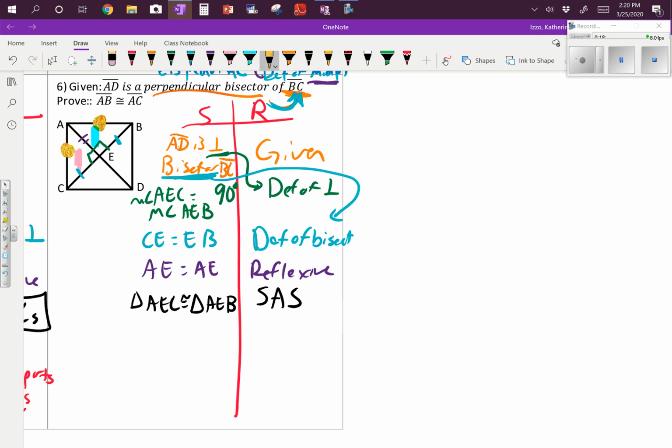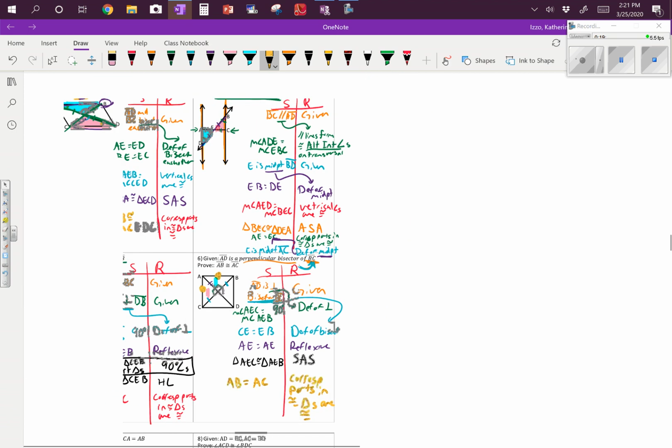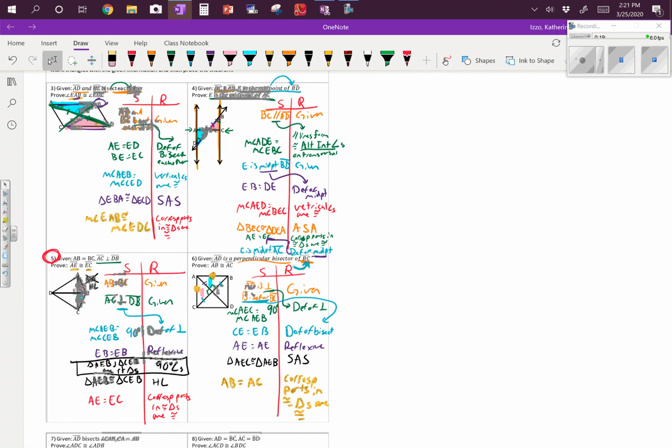Once I've proven that those two triangles are congruent, I can say AB is equal to AC because corresponding parts in congruent triangles are congruent. That's how we do CPCTC.